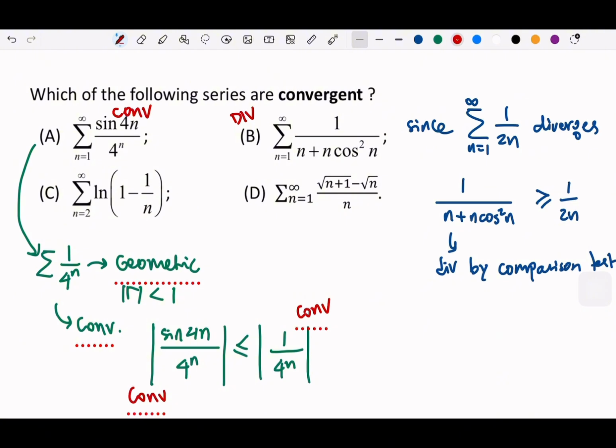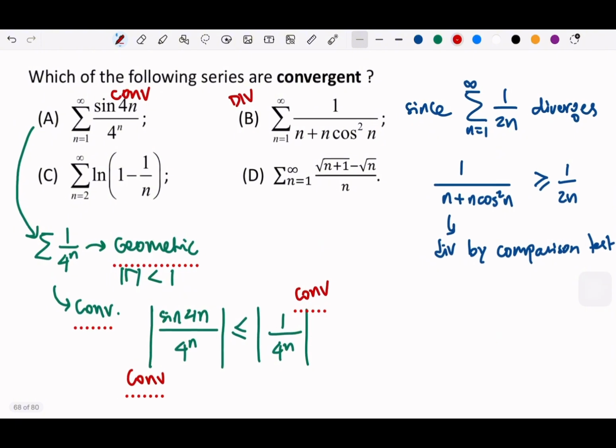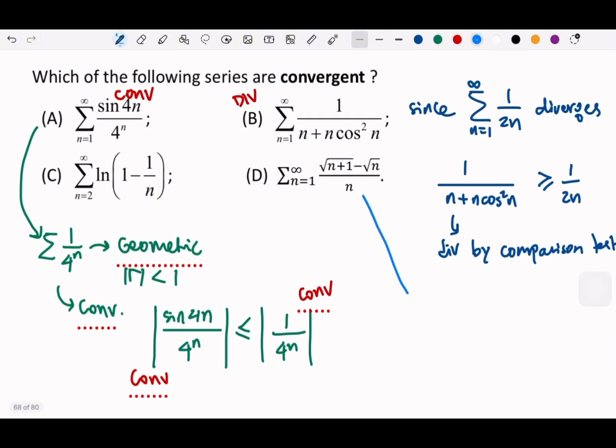Okay, now what's next? Let's take a look at D, point D. If you have fractions, but you see any square root, and you know that this is having a negative, you can make this into another form that will be better to simplify.